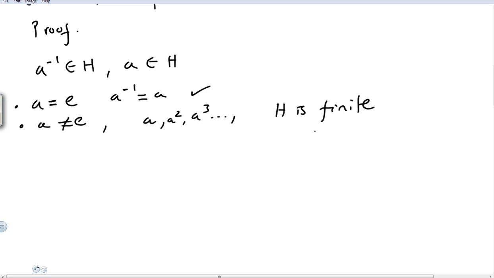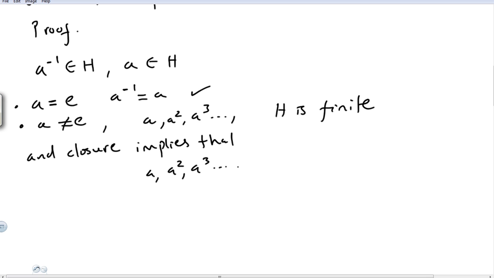And closure implies that all positive powers of A are in H, right? So A, A2, A3, all positive powers are in H.